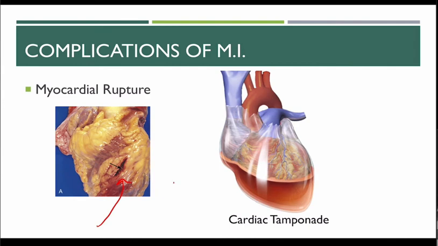The other picture here on the slide is cardiac tamponade. Cardiac tamponade is when you have fluid that accumulates in the myocardial sac. So our heart actually sits right in the myocardial sac, and if there's bleeding into the sac or inflammation that has fluid accumulating in the sac around the heart, it compresses the heart from the outside and makes it unable to fill.